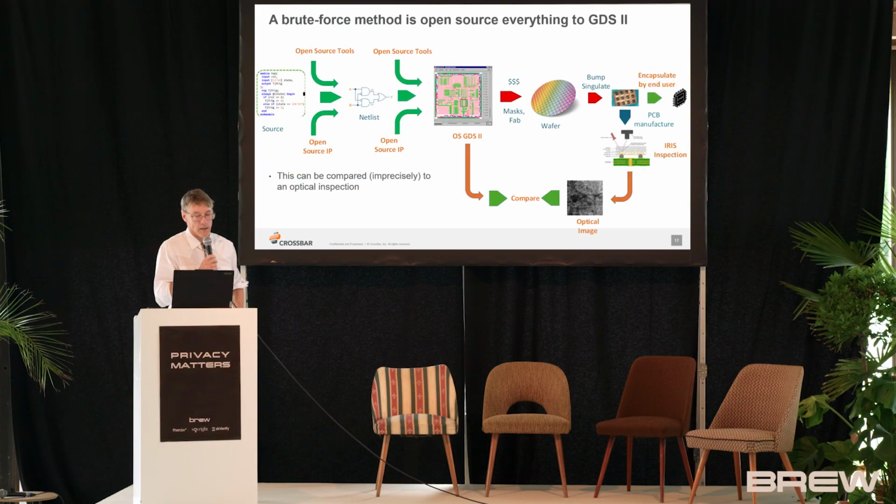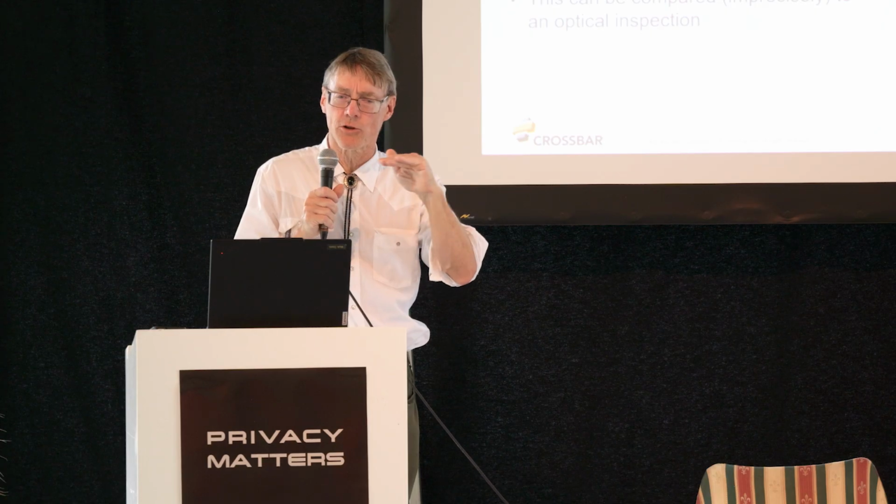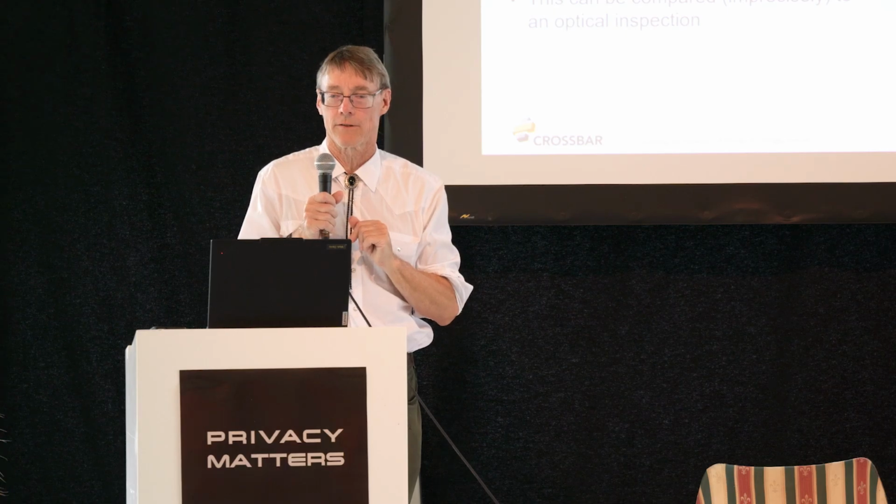So one method that has been much discussed is to open source everything up to these optical maps. If you had open source tools, open source libraries, open source IP, open source layout tools, everything up to those photographic plates, now you could, by yourself, generate something that should look like the photographic plates.